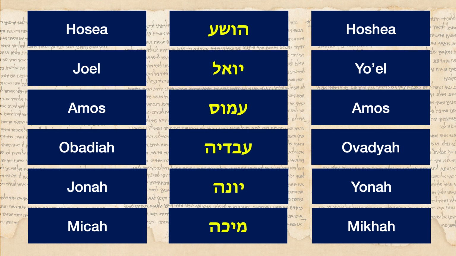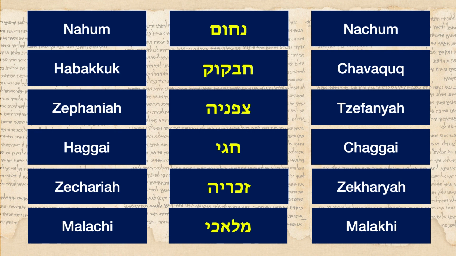Amos is Amos. Obadiah is Ovadyah. Jonah is Yonah. And Micah is Mikha. Nahum is Nahum.